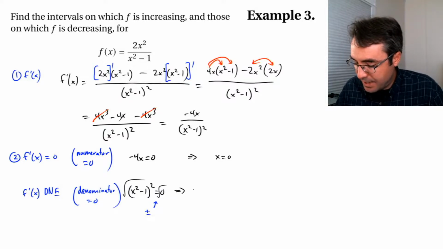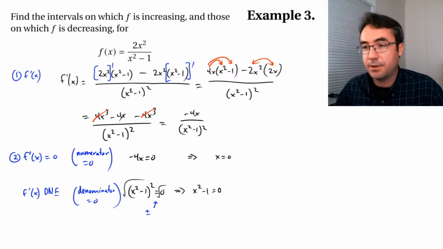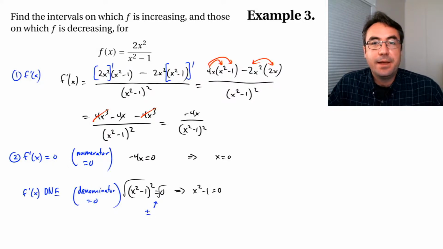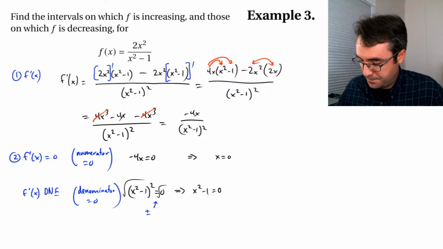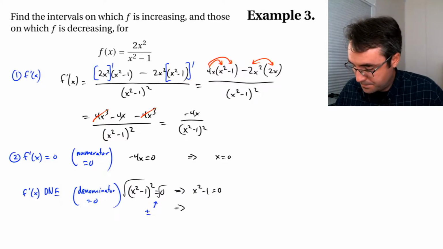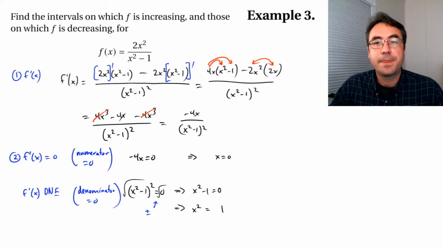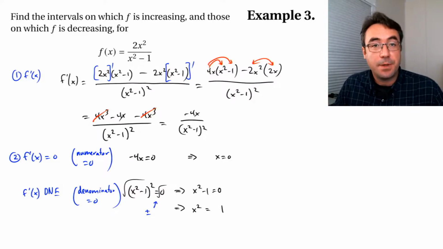So that would give us x squared minus 1 is equal to 0. And we'll do it again. Let's solve for x squared, and then apply the square root. So x squared is equal to 1. Let's apply the square root.